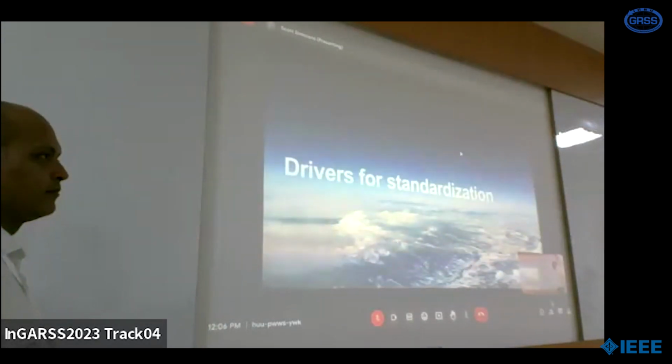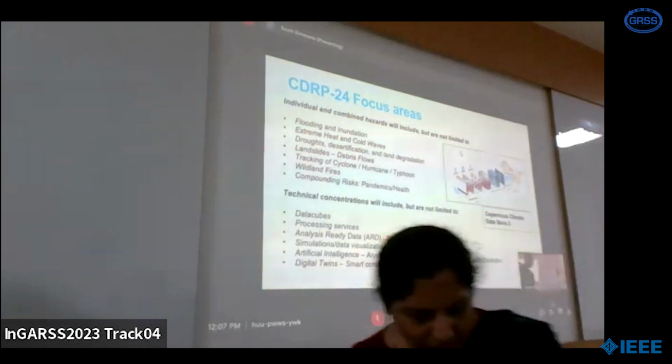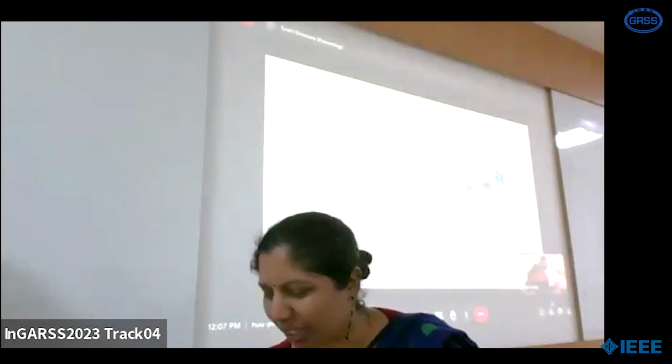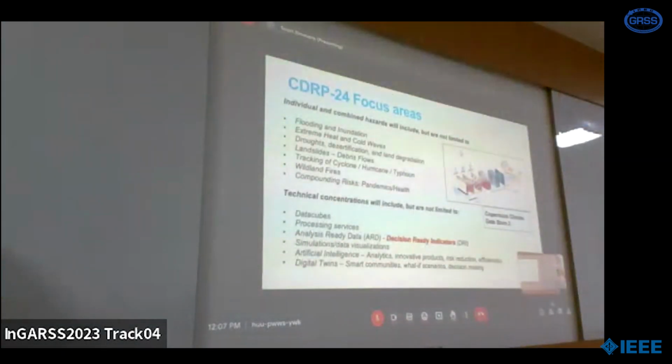So let's look at the drivers of standardization, how we're getting there. If we look at the recent climate data resilience pilot, we were looking at a variety of both individual and combined hazards and trying to find the minimum set of analysis ready data we could use to solve both those individual and combined hazards.